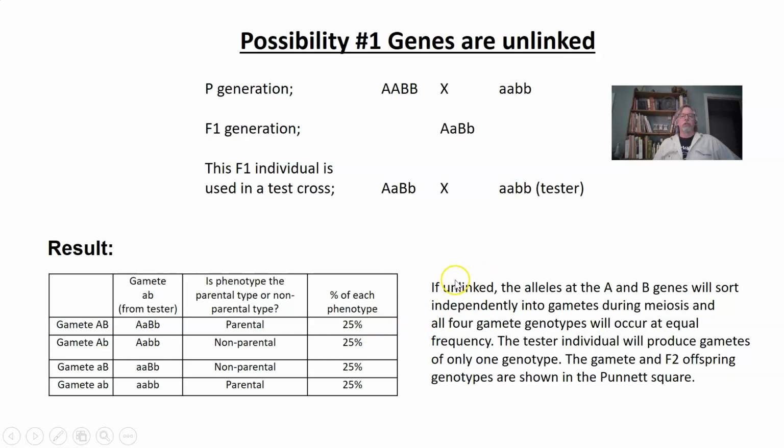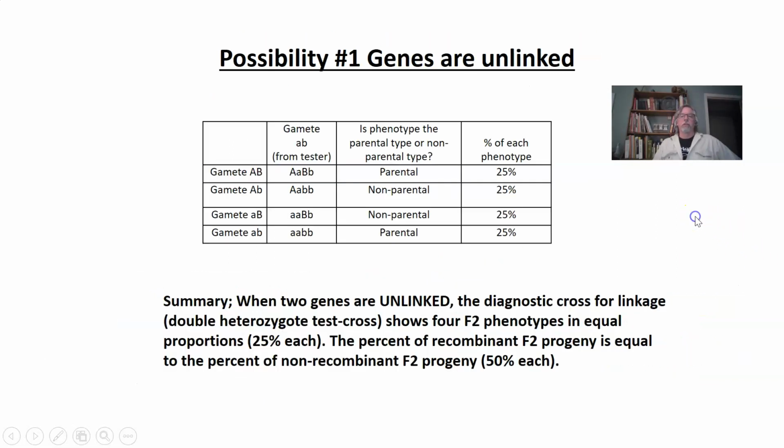So that's the situation for genes that are unlinked. And this is the same table from the previous slide. The summary is, when 2 genes are unlinked, the diagnostic cross, the dihybrid test cross, shows 4 F2 phenotypes, 25% each. And the percent recombinants is equal to the percent of non-recombinants.